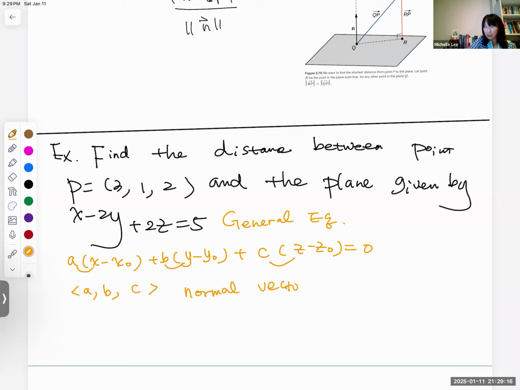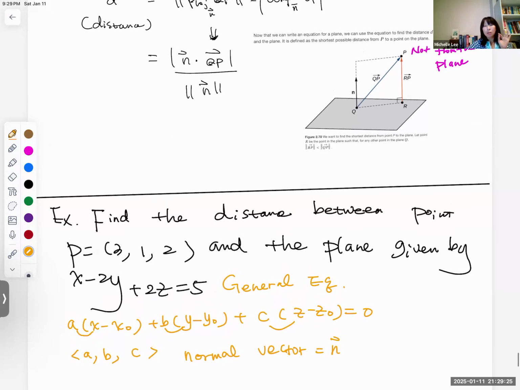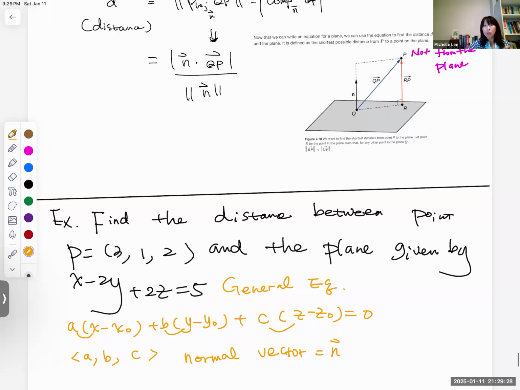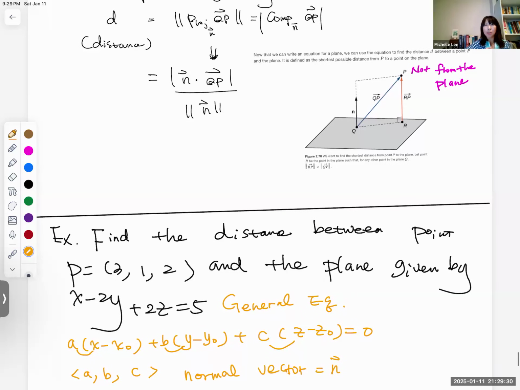So we denote the first letter N. Okay, then we are using the formula for the magnitude of the projection of a vector QP onto N, right? So I just explained to you, right? But then we just follow exactly the formula from what we did earlier in the previous chapter sections, right? So that's the formula.